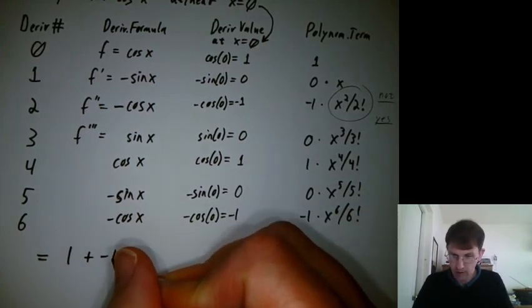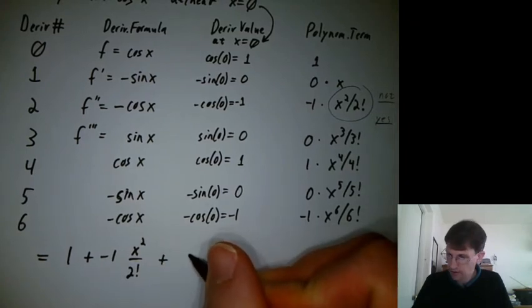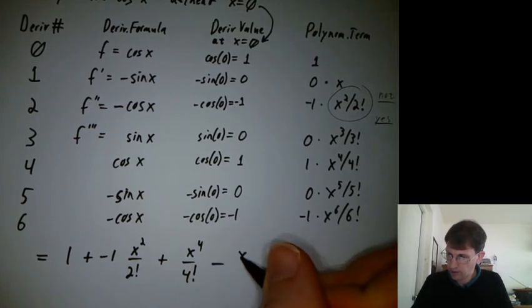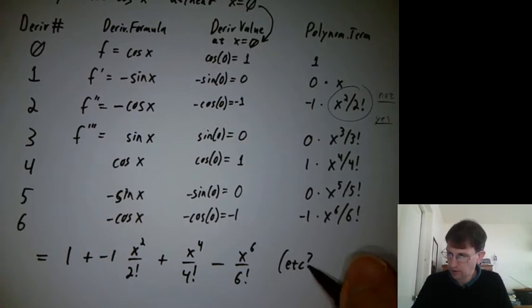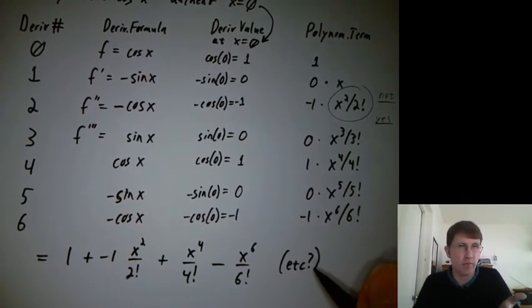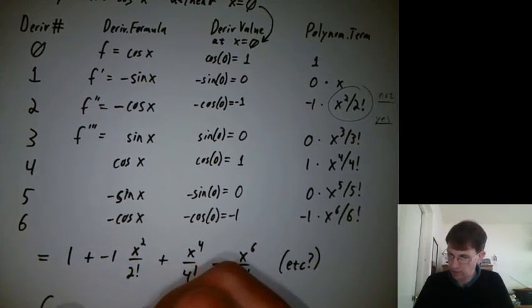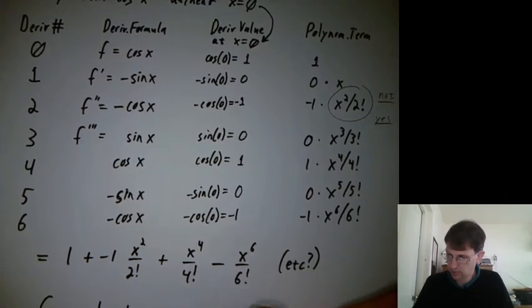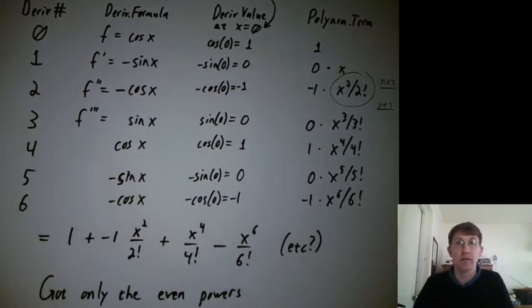So 1 plus negative 1 x squared over 2 factorial plus x to the 4th over 4 factorial minus x to the 6th over 6 factorial, and we'll put an etc. there, like we could maybe keep going. We got only the even powers: 2, 4, 6. Oh, and a 0, right? 0 is an even number.